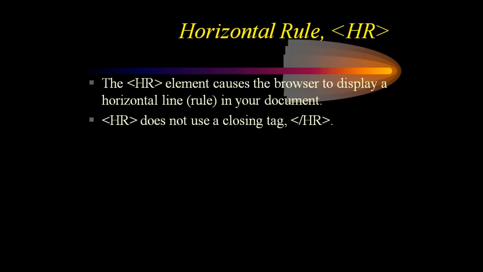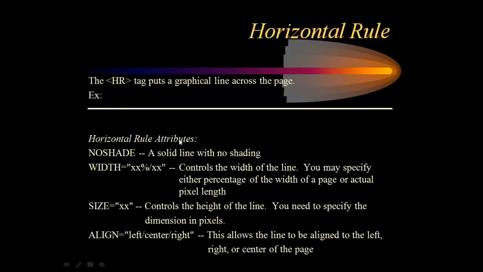Next is horizontal rule. Horizontal rule causes the browser to display a horizontal line in the document, like this. A graphical line, you can say, a horizontal line across the page. It has some attributes like noshade, a solid line with no shading. Attributes basically describe the properties of that element.